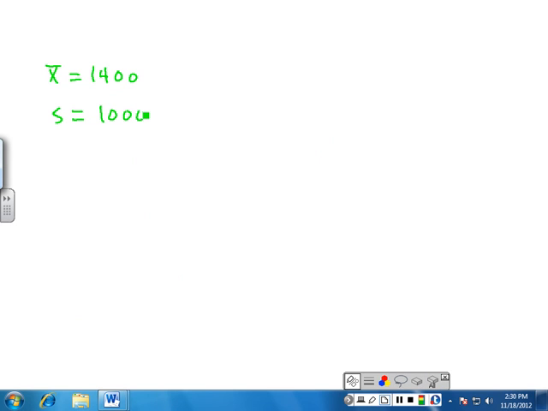But we want to get a confidence interval now. We're going to have x bar, a new x bar, not the 1,400, plus or minus z or t. This is a problem calculating sample size, so we're going to use z. You actually can use s, but there's an iterative process, and this will get us close enough.